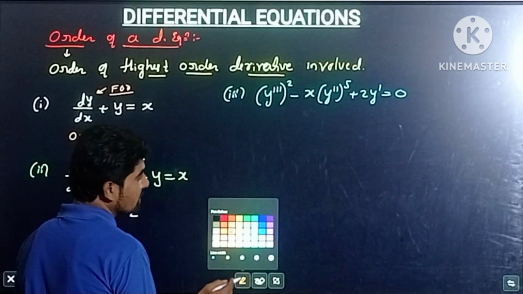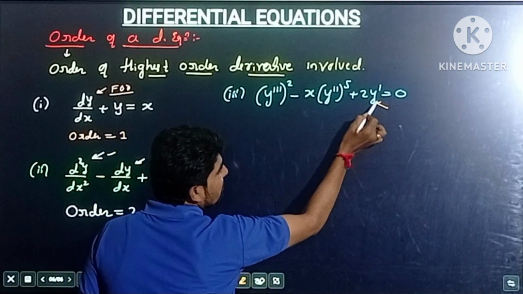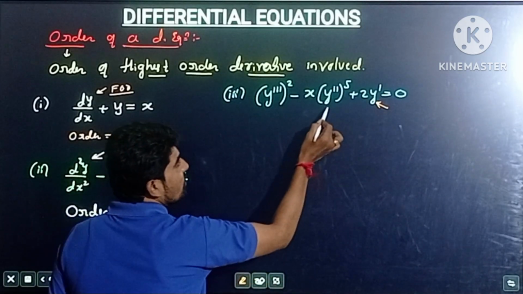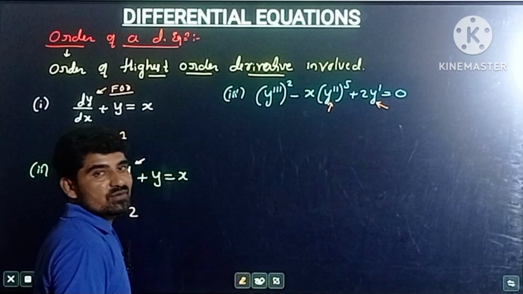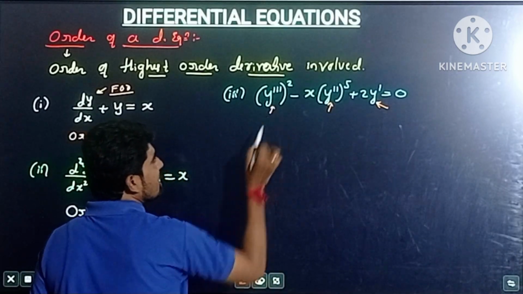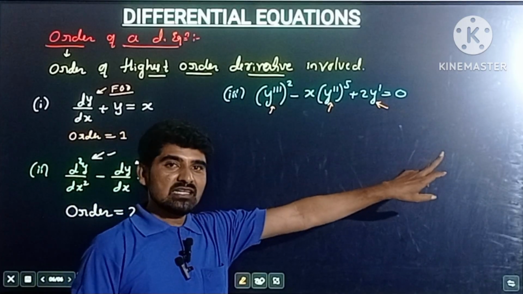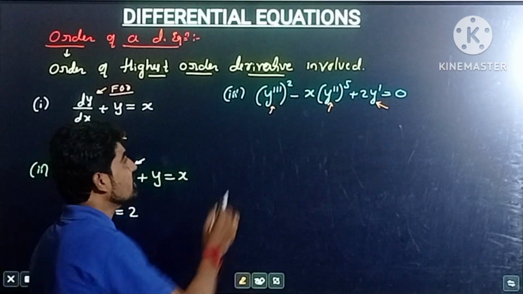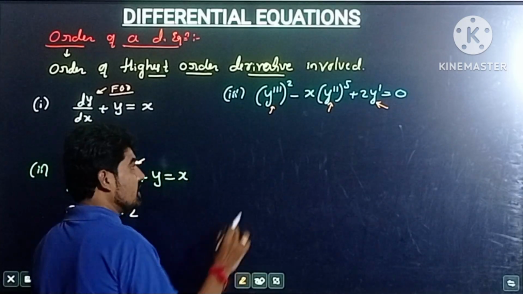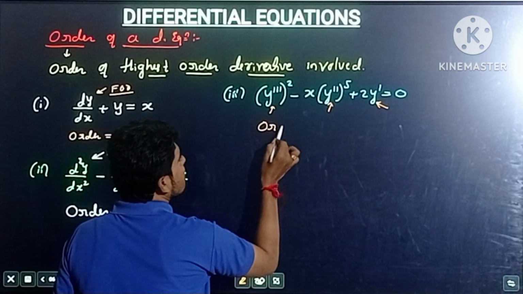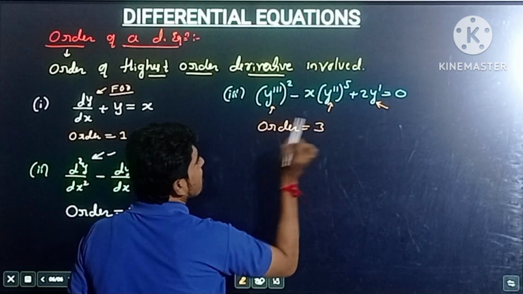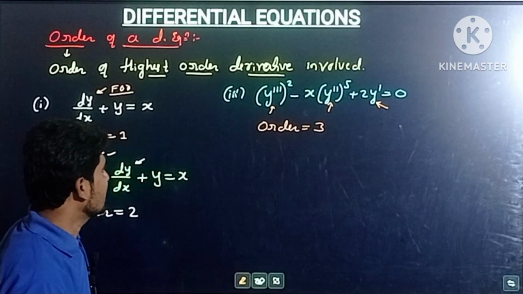In this differential equation, y' the first order derivative is involved, y'' the second order derivative is involved, and y''' the third order derivative is also involved. But among these three, the highest order derivative is the third order derivative. Therefore, the order of this third differential equation is 3. I hope all of you are understanding.